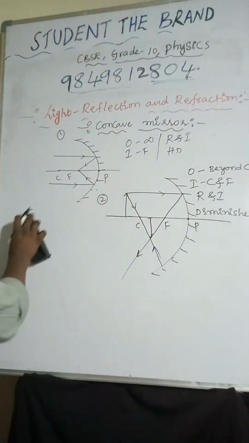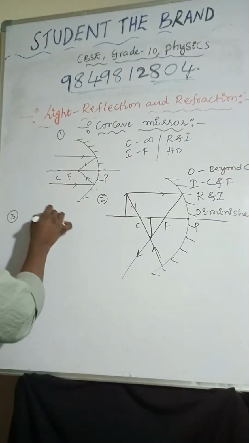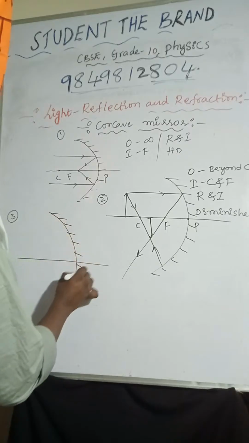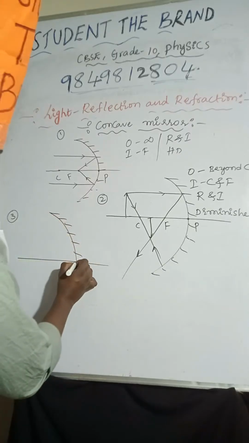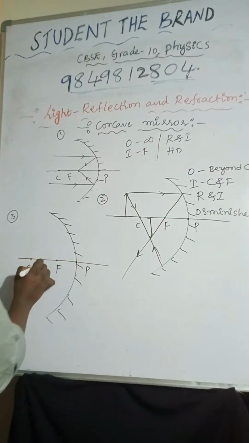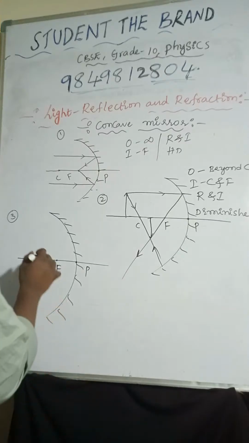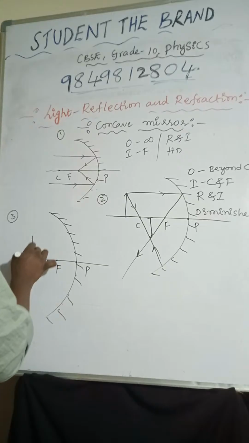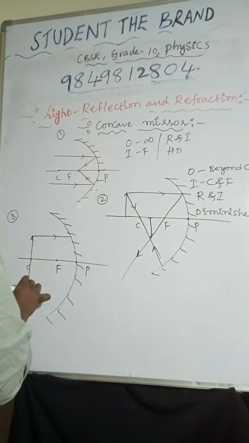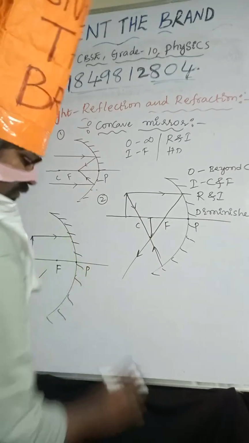Coming to the third one. So pole, focus, center of curvature. Object is placed at C. So one light ray I am taking like this, and it is passing through another light ray.